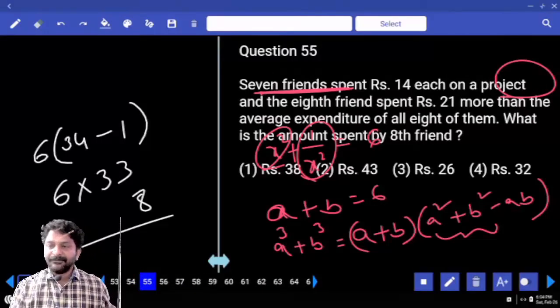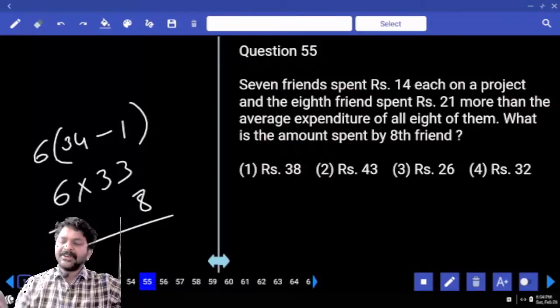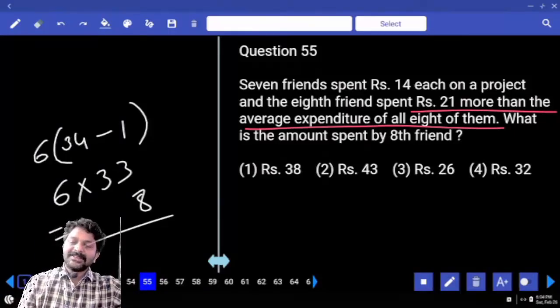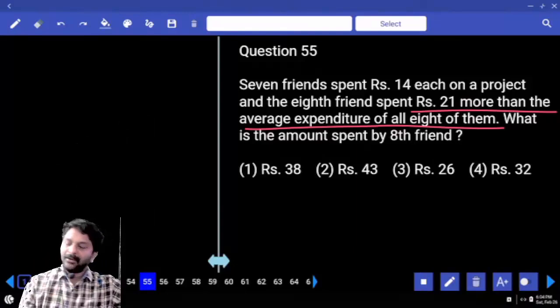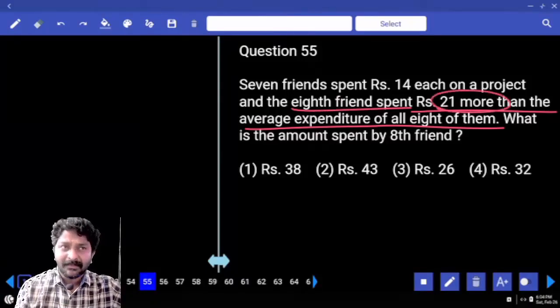7 friends spend 14 rupees each on a project, and the 8th friend spent 21 rupees more than the average expenditure of all 8 of them. What is the amount spent by the 8th friend? Okay, I don't want to use an equation here. It is very clear that the 8th friend spent 21 rupees more than what?